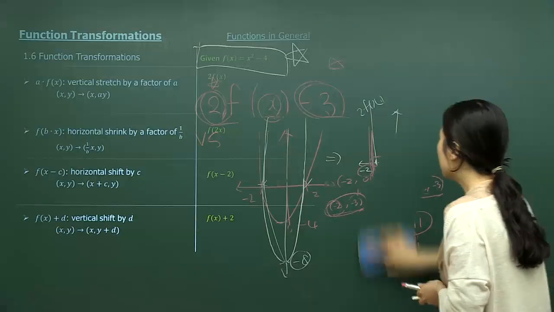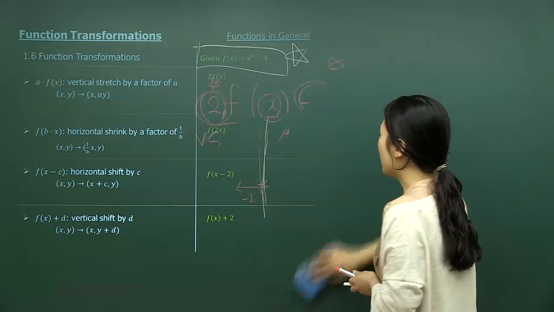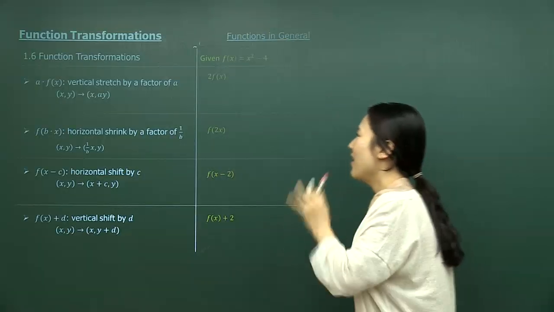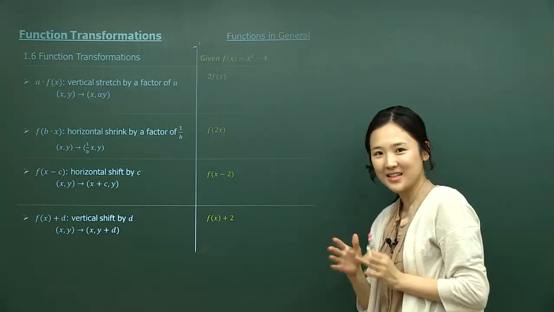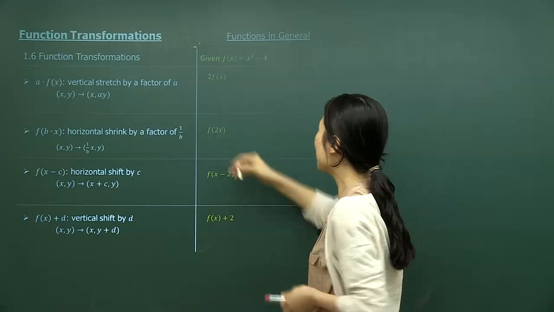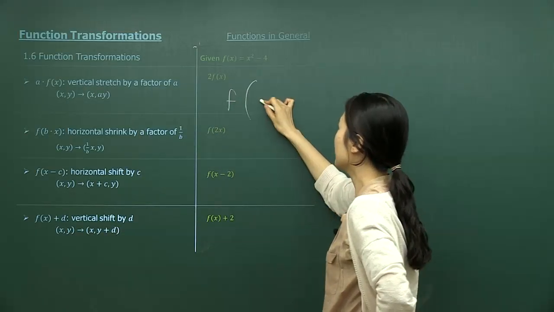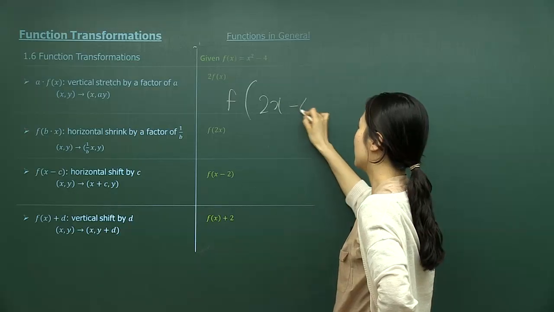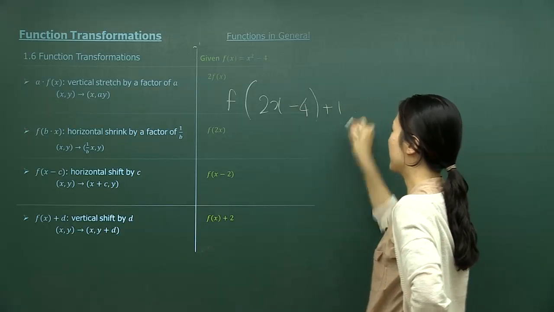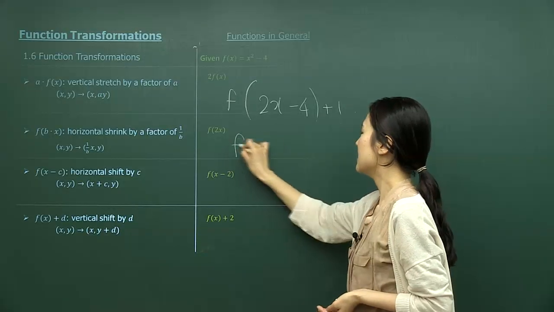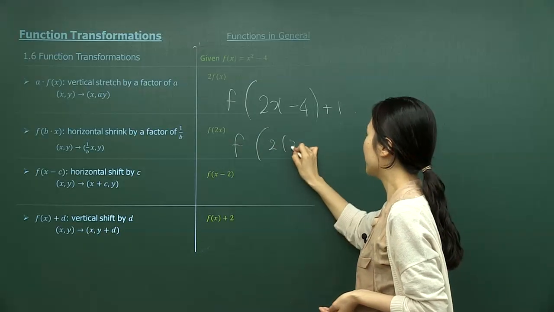Now we will do a little more complex transformation, because I'm going to show you horizontal and vertical being done at the same time. So are you ready? Let's do f of 2x minus 4, plus 1. For me, I actually do prefer doing this.